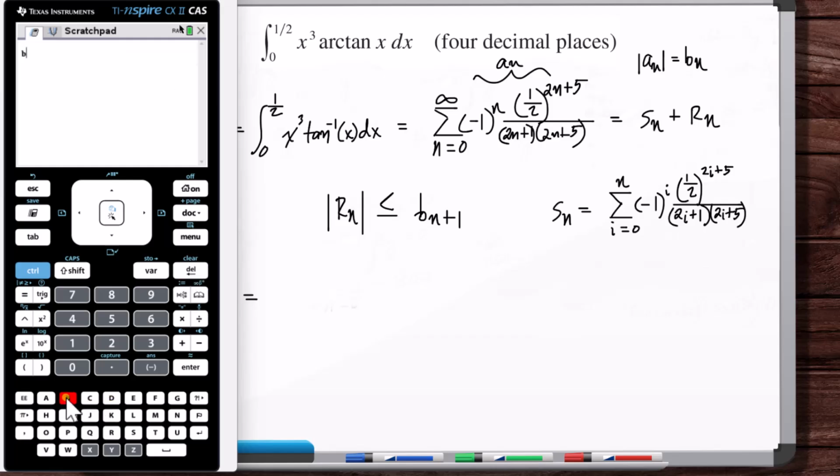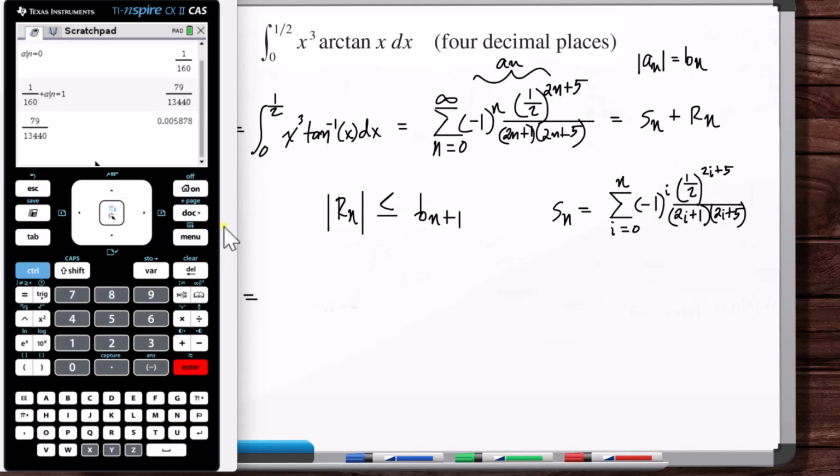Now if we do b with n equal to, let's say, 2, that's actually better than 4 decimal places. So we just need to go to S sub 1. So it must have messed something up. Okay, so a with n equal to 0 is that, plus a with n equal to 1 is that.